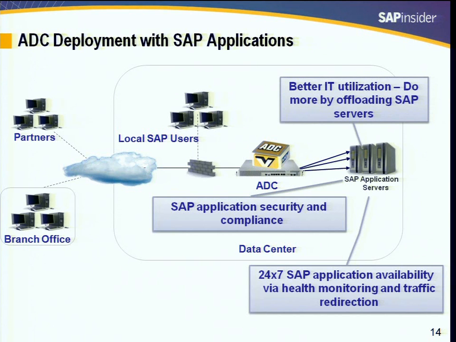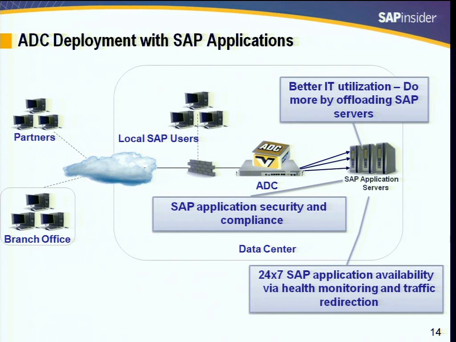Then, of course, utilization. The key area where the value of the ADCs comes from is offload. The ROI is how much mundane transaction service you can offload off of SAP servers so that the SAP server instances are doing more of the business processing. You don't want to do SSL transaction processing, TCP/IP processing, all of the things that are not really adding value to your business transaction.